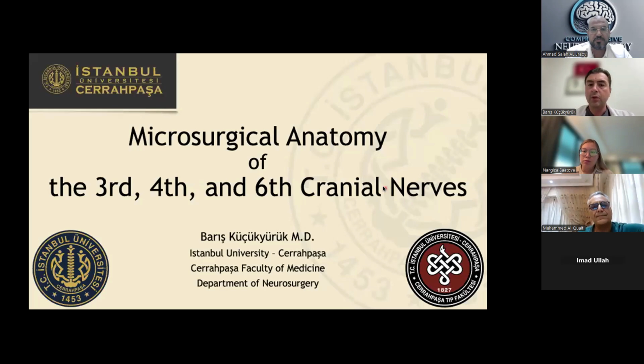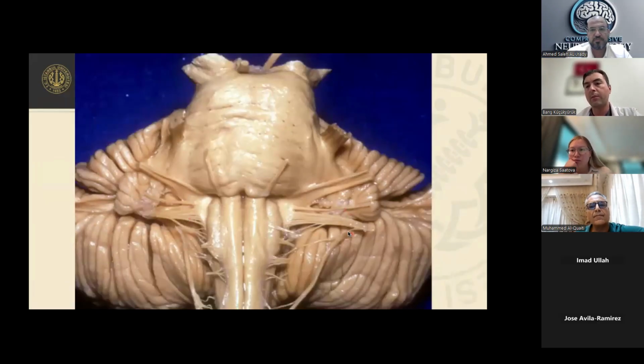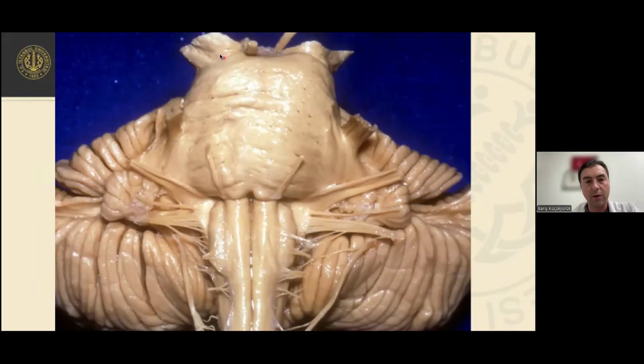So I'll try to talk about the microsurgical anatomy of the third oculomotor nerve, fourth trochlear nerve, and also the sixth cranial nerve, which is the abducens nerve. These are cranial nerves exiting from the brainstem. We see here from third to the 12th, except the first one and the second one, which is the optic nerve.